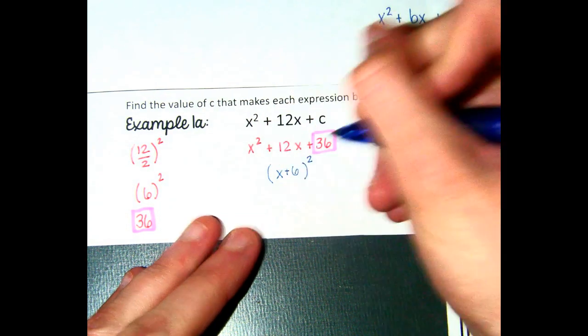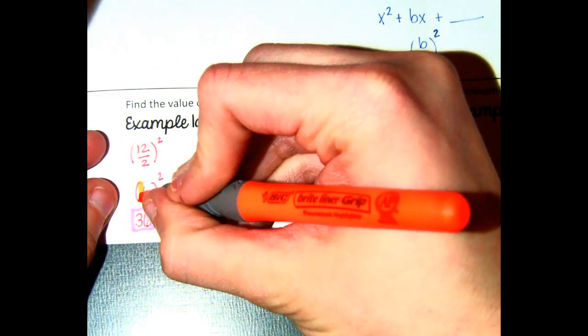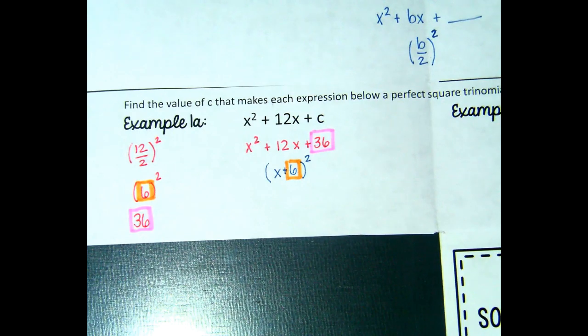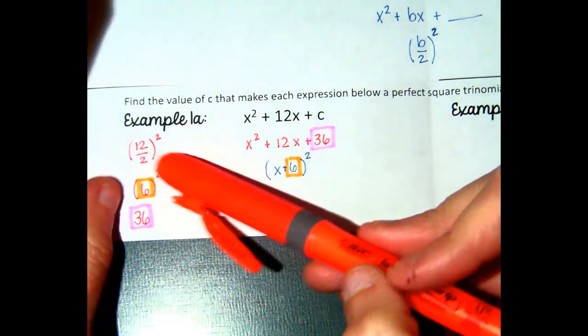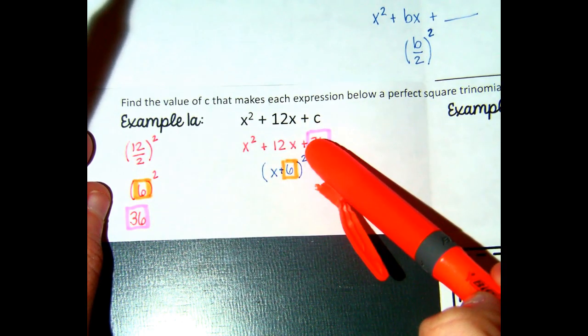Six. If you're confused about where that came from, it's the middle divided by 2. I'm finished then. I halve the middle number, square it, write the trinomial, then I write the perfect square binomial. Do 1b.